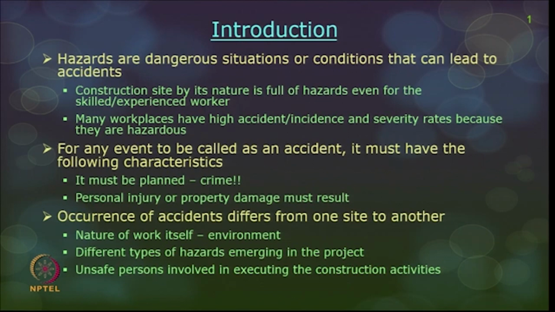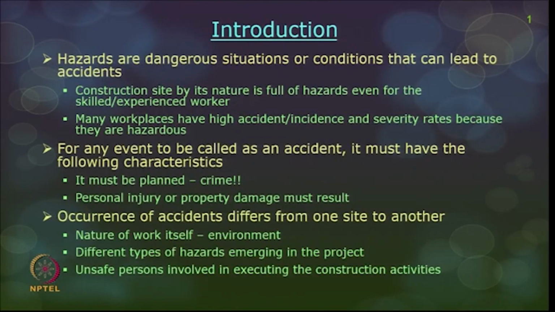If the whole incident is planned, for example you knowingly know that one equipment is not working but still operate it, and it may create danger to yourself or your co-workers, then it is actually considered a crime and is not treated as an accident at all. That should be kept in mind by workers and construction personnel. Personal injury or property damage may result as an effect of an incident, so this accident has to be investigated.